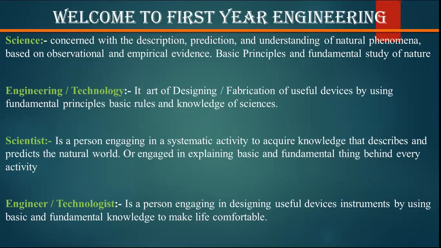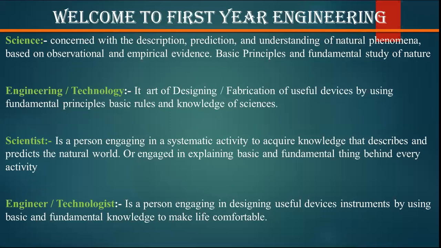So this is a brief idea about what science is, what engineering technology is, what a scientist is, and what an engineer is. Who is called an engineer? An engineer is a person engaged in designing useful devices. The main purpose of an engineer is to design things, whatever they may be.